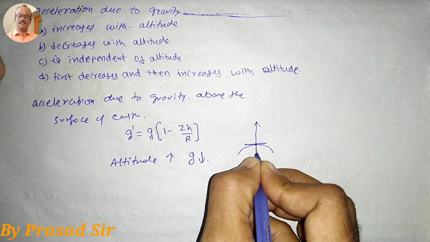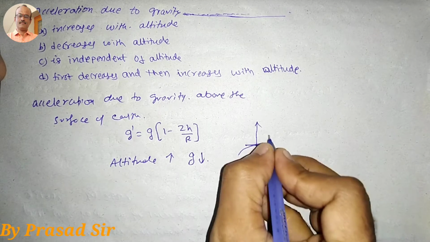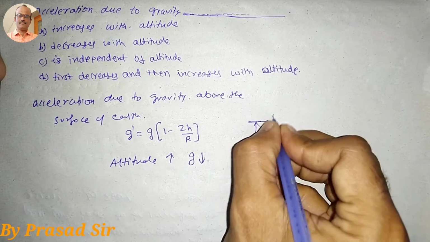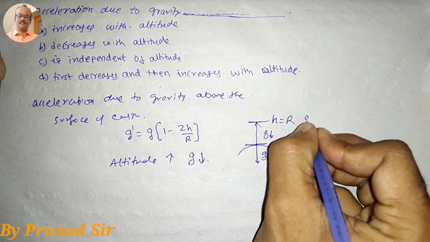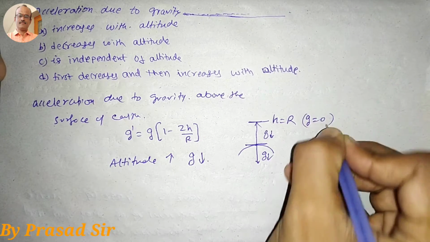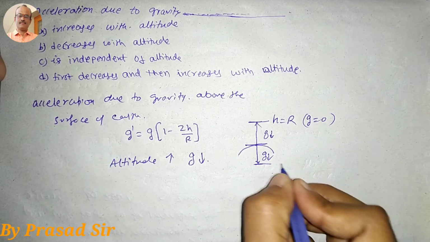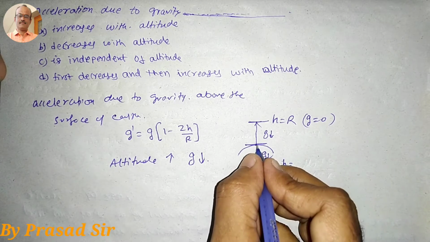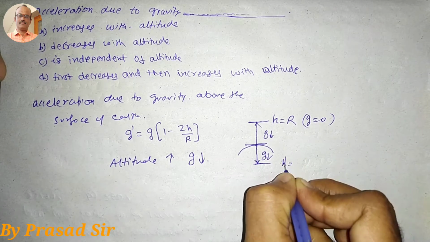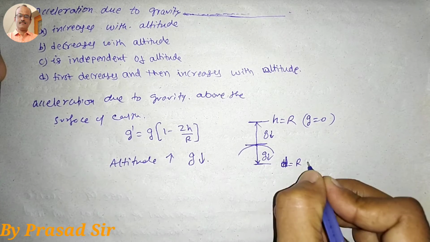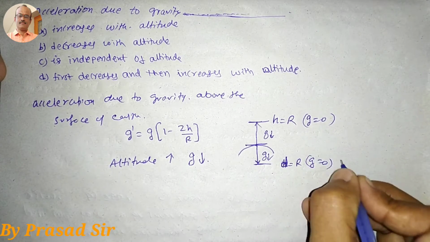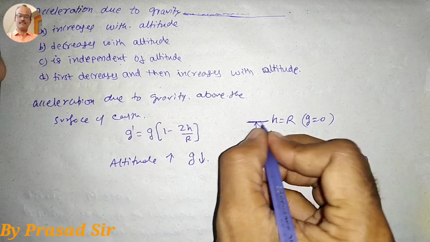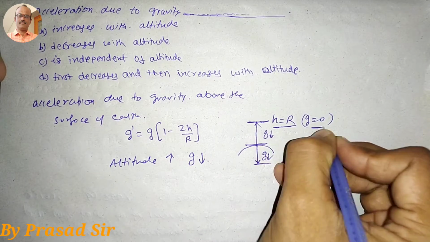As the height from the surface of the earth increases, gravity decreases. Similarly, as a body moves into the earth's surface also, g value decreases. At some particular height, that is h is equal to R, what happens to the acceleration due to gravity? It becomes 0. And when moving into the earth, at the center of the earth, where depth is equal to the radius, the acceleration due to gravity is 0.